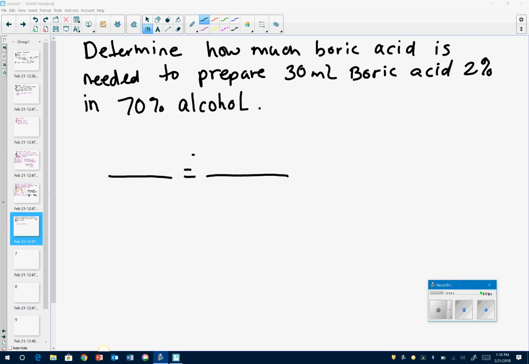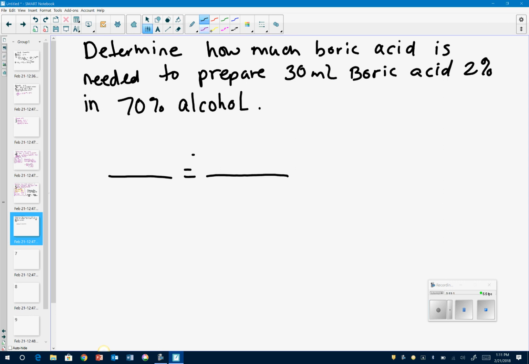Okay, next example says determine how much boric acid is needed to prepare 30 milliliters of your boric acid, 2% in 70% alcohol. And the 70% alcohol is just the solvent.